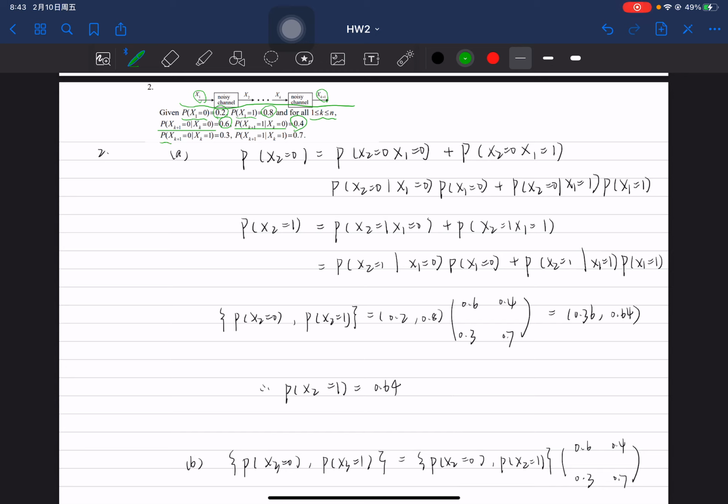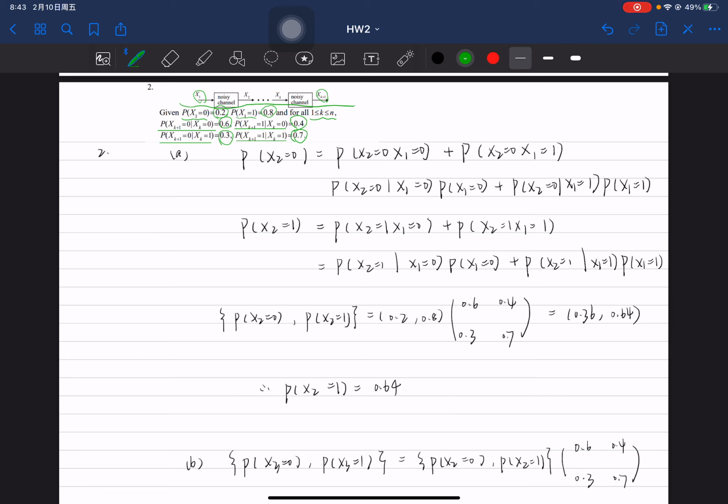The conditional probability of xk plus 1 equals 0, assuming xk equals 1, is 0.3. The conditional probability of xk plus 1 equals 1, assuming xk equals 1, is 0.7.